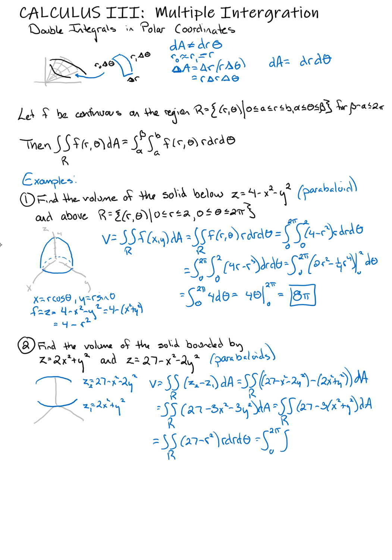Well, that would be when those two paraboloids intersect, meaning z1 is equal to z2.